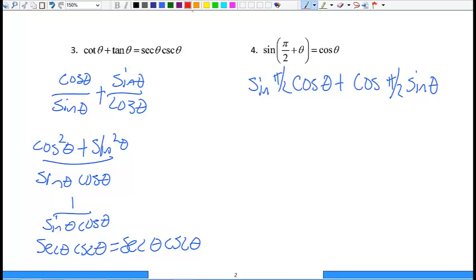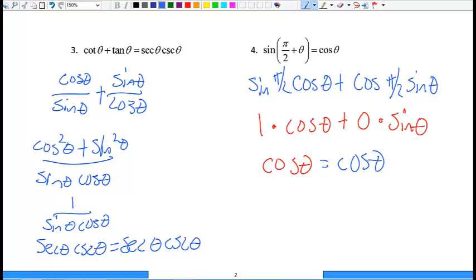Okay, well, sine of pi halves, that's just 1 times cosine theta, and cosine of pi halves, that's 0 times sine theta. Well, what happens? Well, the 0 kills that side, and I'm left just with cosine theta. All right, so we were able to verify that.